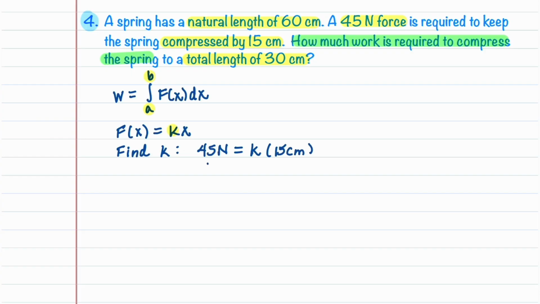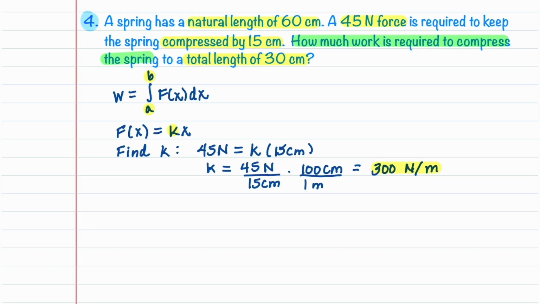This gives us that k is equal to 45 newtons divided by 15 centimeters. We need to change to the standard units of meters. So we're going to multiply by 100. And we get a value of 300 newtons per meter. I'm going to highlight that because we'll need that in a minute.